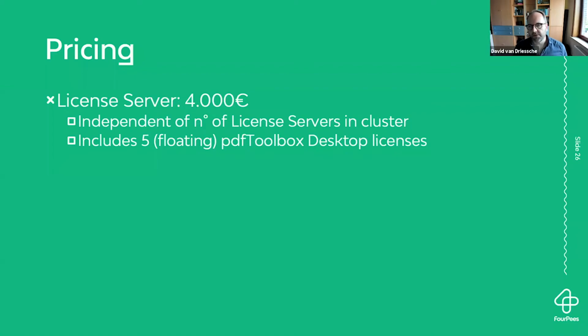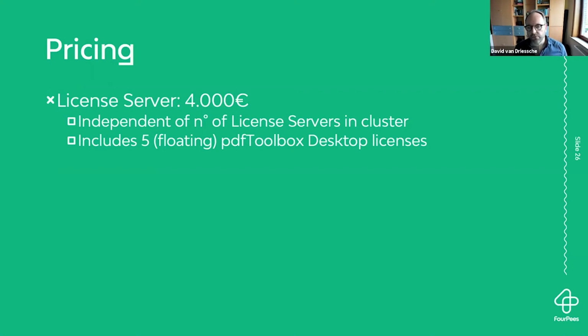The pricing consists of the same two parts as what we talked about technically. You have a license server, which is €4,000. Like I said, it's not dependent on the number of license servers in the cluster. So if you want to install 5 of them, it's still €4,000, and you can install 5 license servers with that.